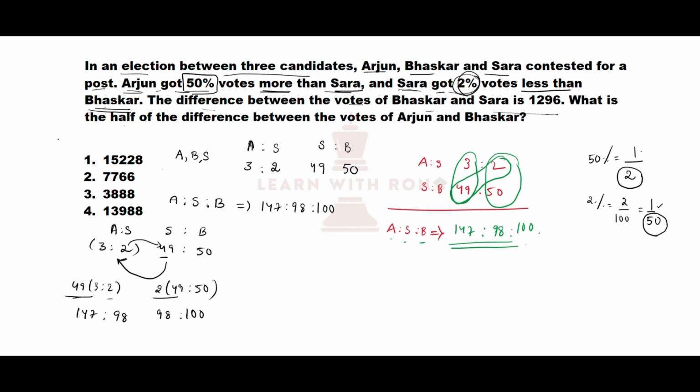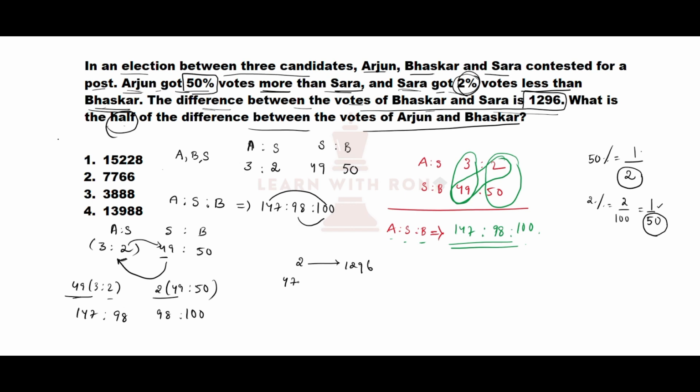Okay, let's see the question now. They said the difference between votes of Bhaskar and Sara is 1296. The difference between Bhaskar and Sara is 2 parts. If 2 parts is 1296, they asked us to find half of the difference between votes of Arjun and Bhaskar. The difference of Arjun and Bhaskar is 47.